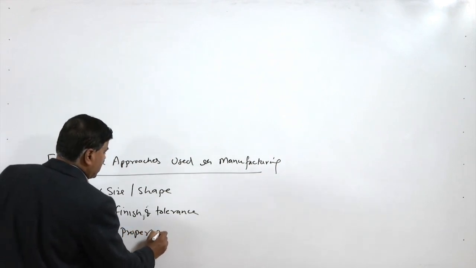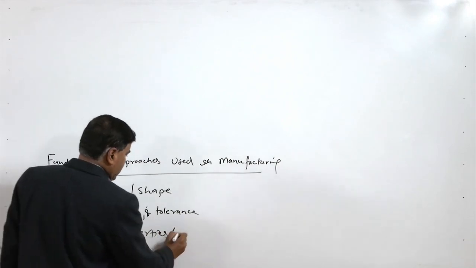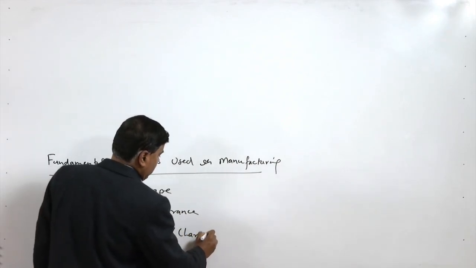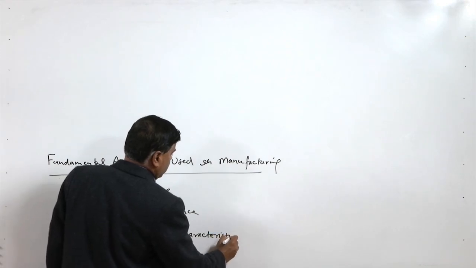So, these are the three aspects: desired properties or characteristics.